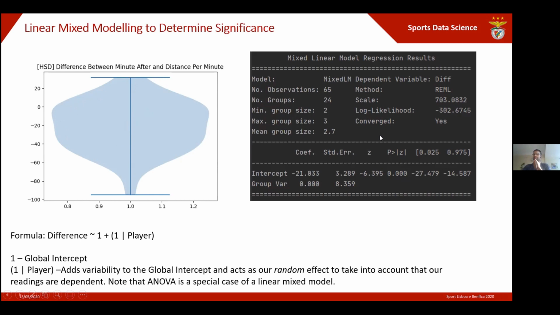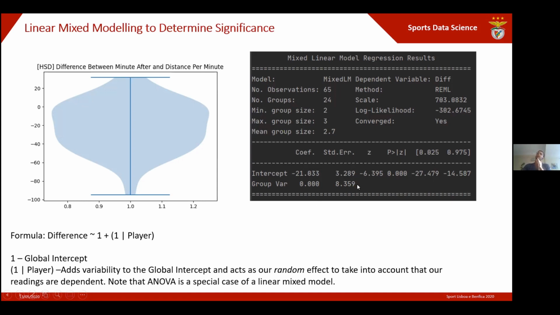On the right is the output of the linear mixed model, which we will go into the code for. It shows the global mean, what we call the fixed coefficient, which is 21 meters less than what a player normally covers on average distance per minute.